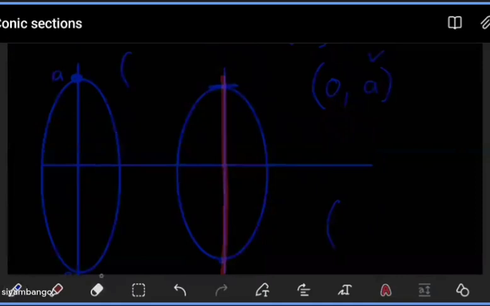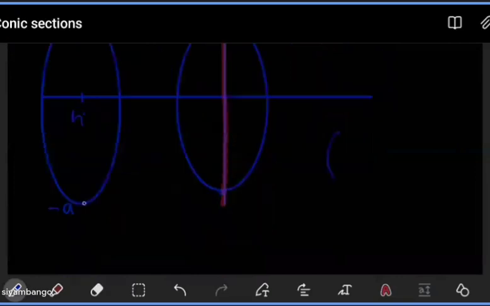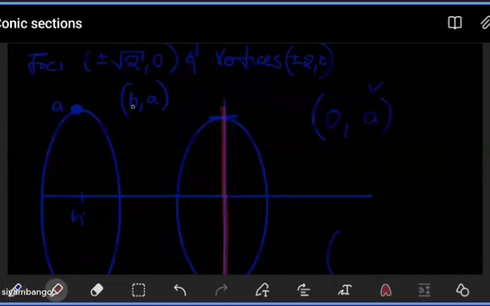Let's say on the x-axis this is perhaps at h. Each of these points would have h, a. The other vertex down here would have h, negative a. Again, they have the same h. This is how I know that the major is on the y-axis.